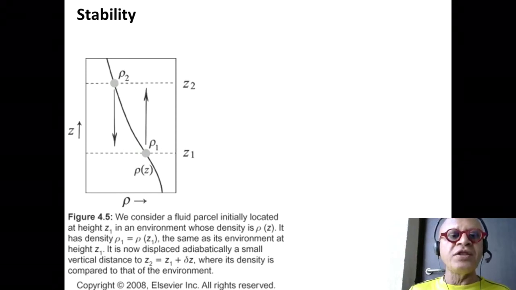So rho 1 and rho 2 with these densities are over this profile of density rho z, which is varying in this way. So we are going to move rho 1 up to z2 where rho 2 was, and we're going to move rho 2 down to z1 where rho 1 was, and z2 is obviously z1 plus some delta z.